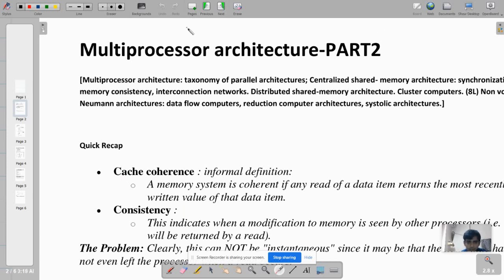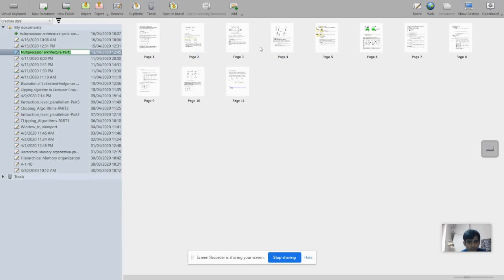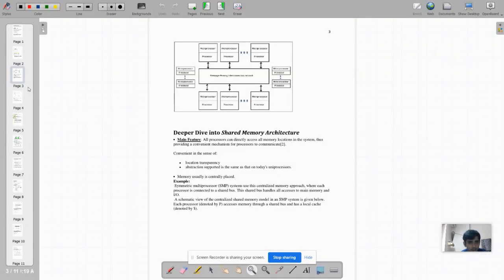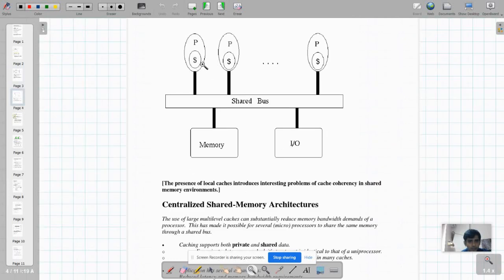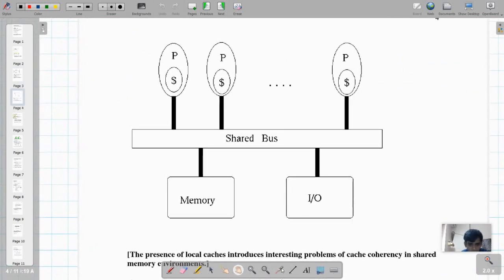Just for a quick recap, go back to the previous day's discussion. If you can recall, in the multiprocessor centralized shared memory architecture, you had a number of processors.